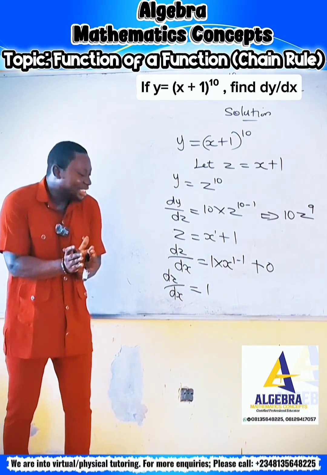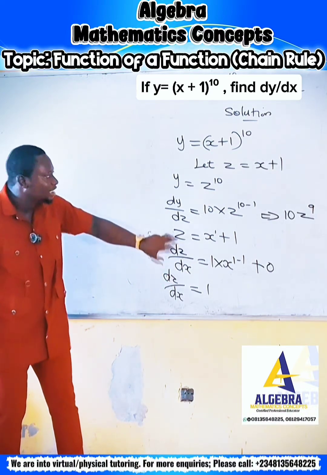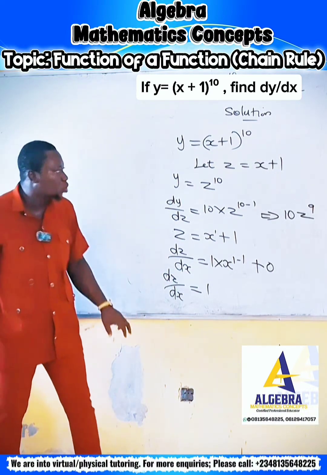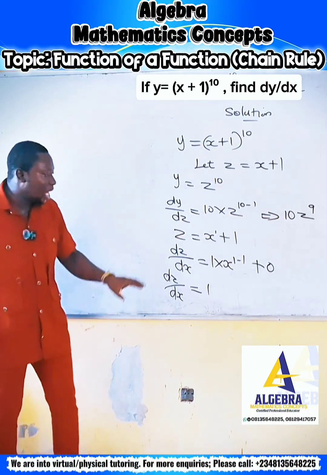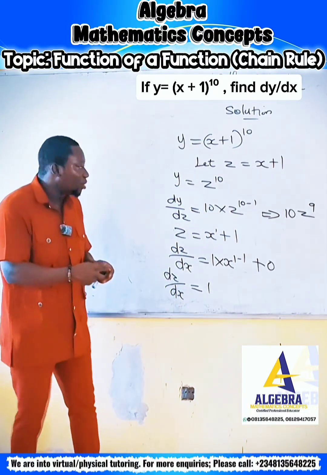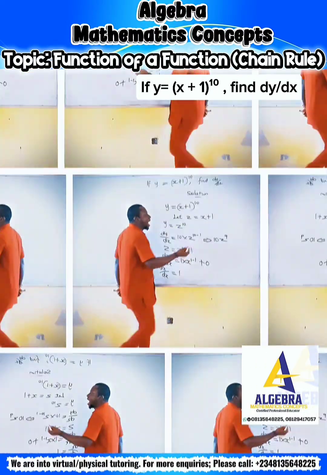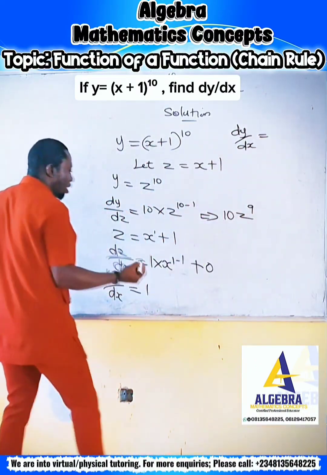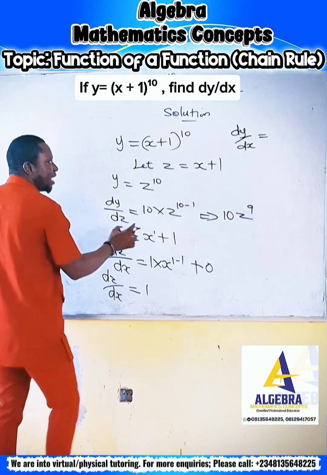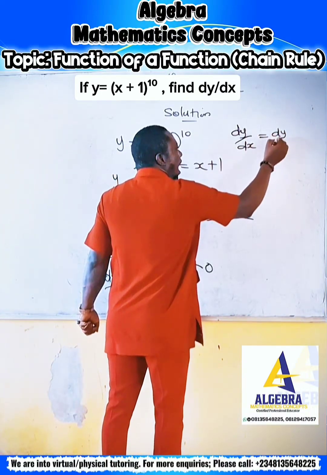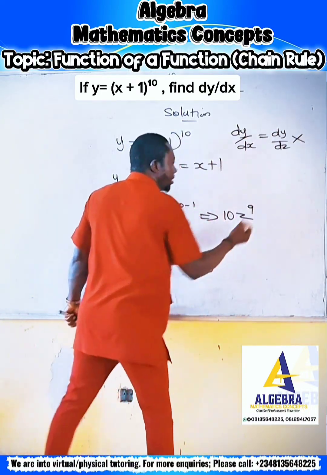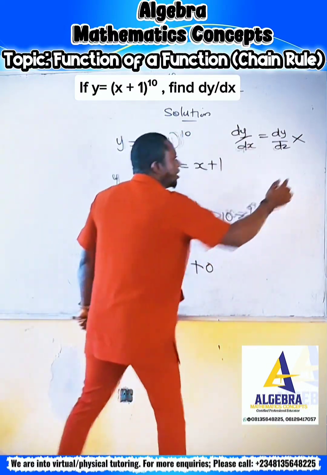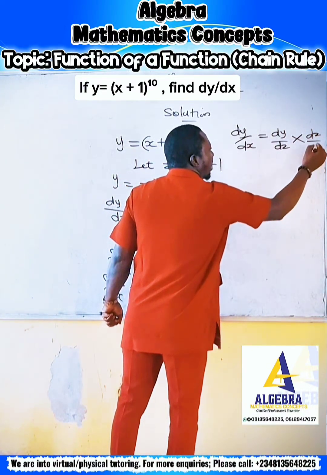Now what I will do is multiply the two differentiations, the first one, which is this, and the second one, which is this. Then I will have dy over ds is now equals to the first one, dy over dz, times the second one, dz over ds.